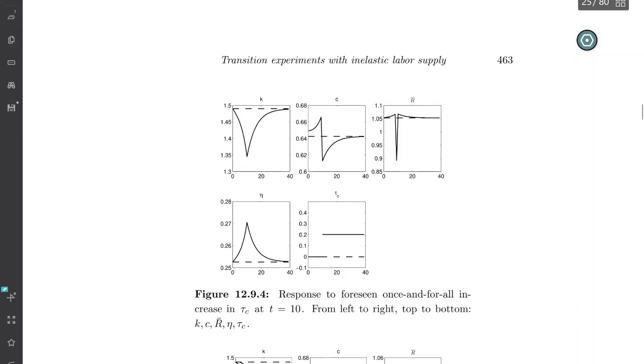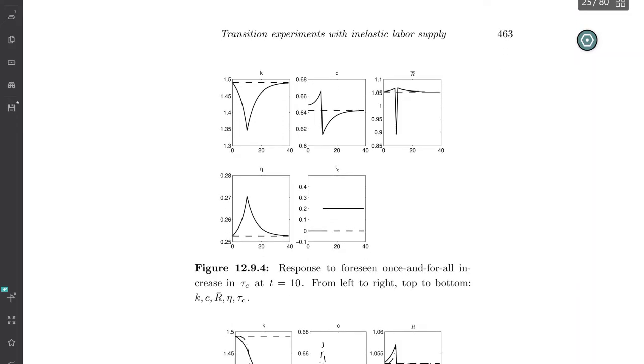And then what we do is we do other experiments. We'll do a response to a foreseen once and for all increase in tau c, a once and for all increase in the value added tax that's foreseen. There's a lot of payoff to studying what happens here.